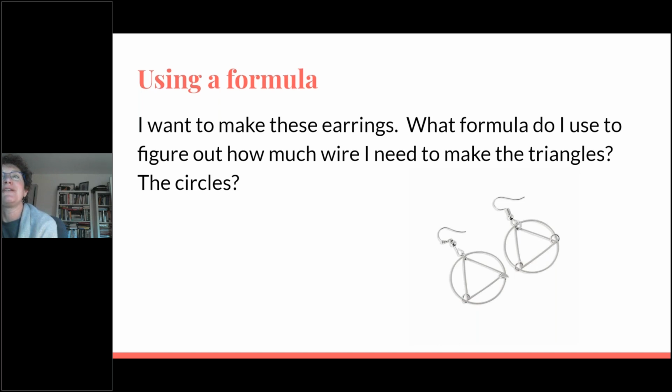What formula do I use to figure out how much wire I need to make the triangles in these earrings? What formula is that? Think about all the formulas we've talked about: area, perimeter, area of a circle, volume.